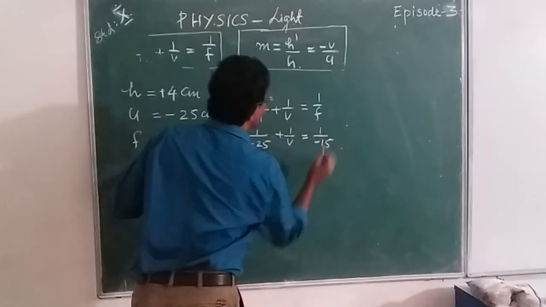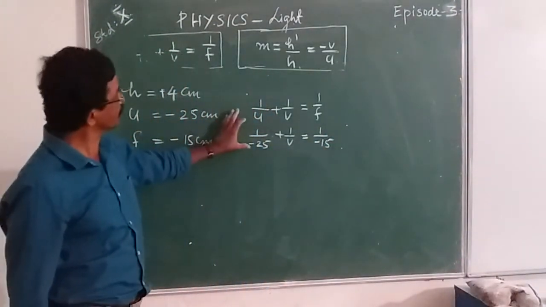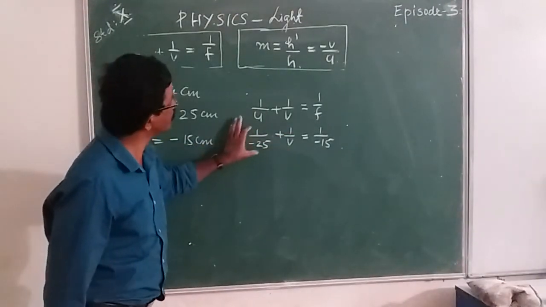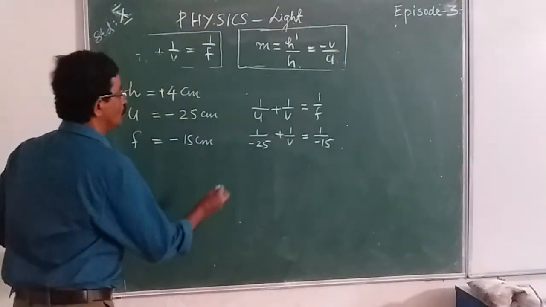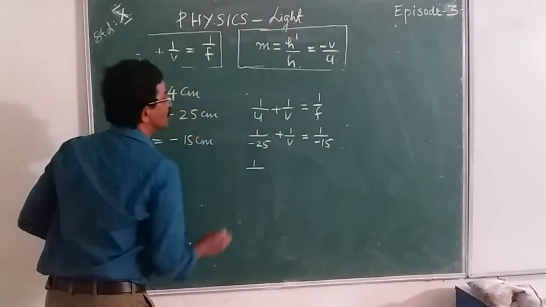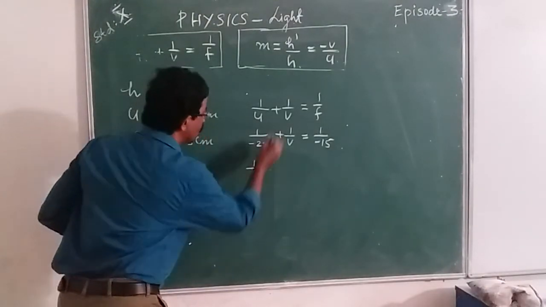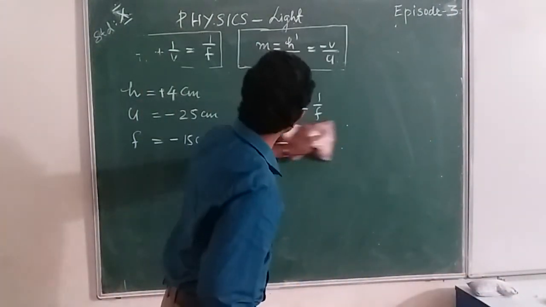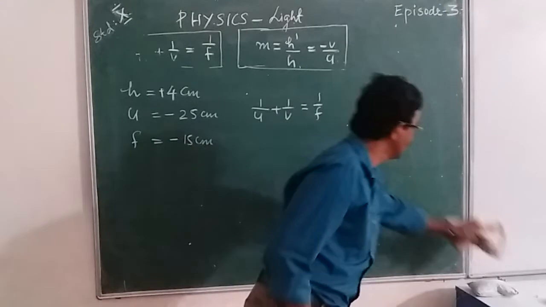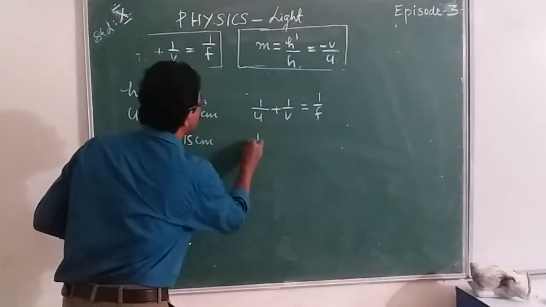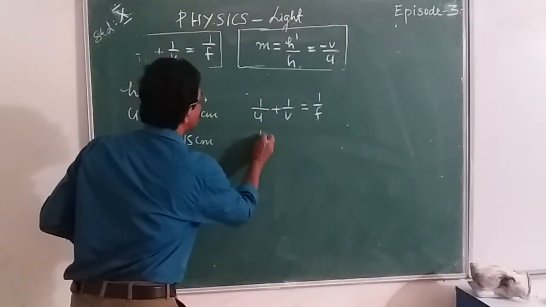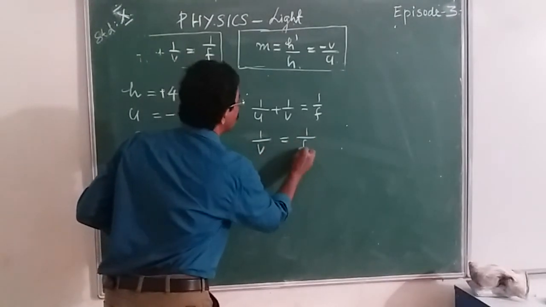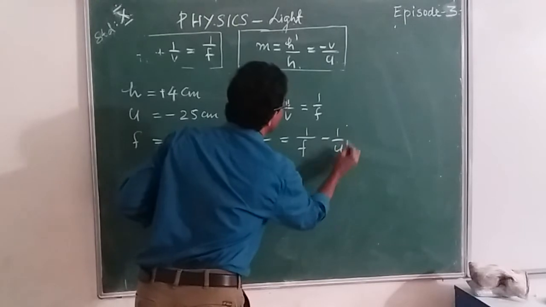To get this 1 by v, we can bring this term to this side. You can get it more easily by simplifying this equation directly, otherwise you will be confused with the minus. 1 by v is equal to 1 by f minus 1 by u.